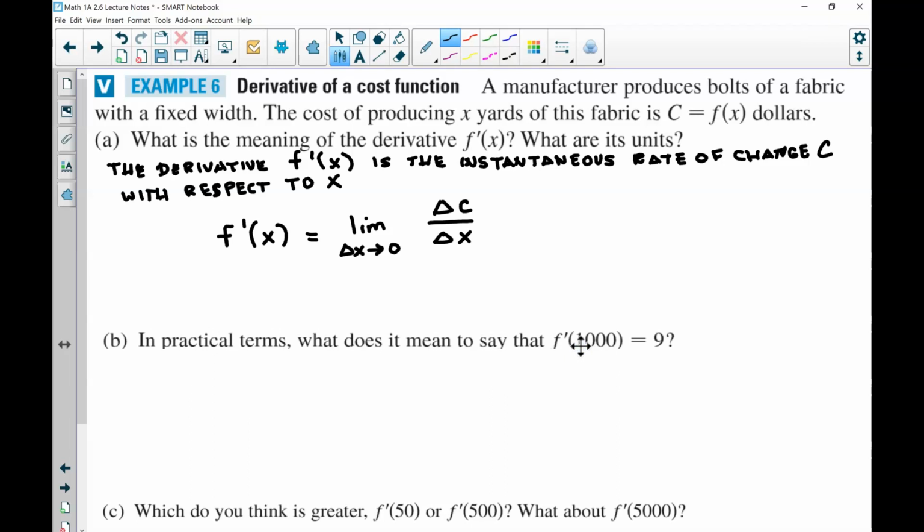Since we know that the change in C is measured in dollars, and the change in x is in yards, then the units for f prime of x would be dollars per yard.